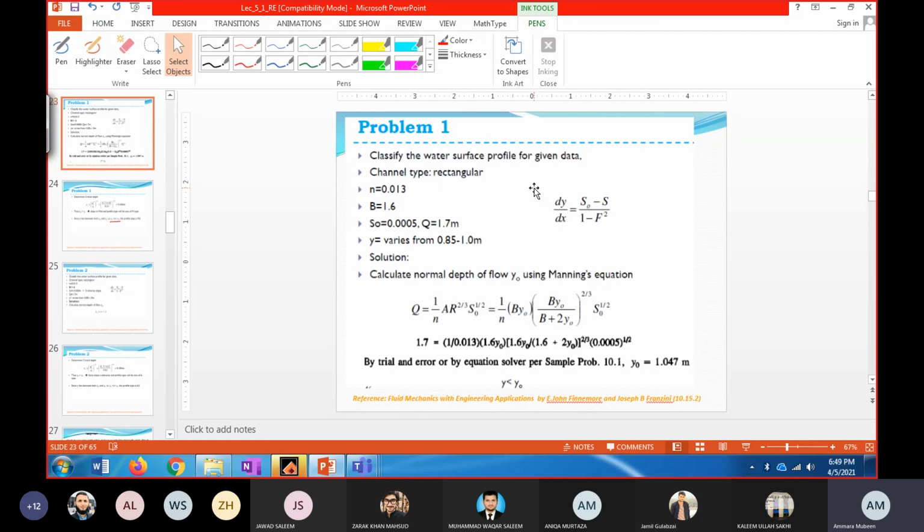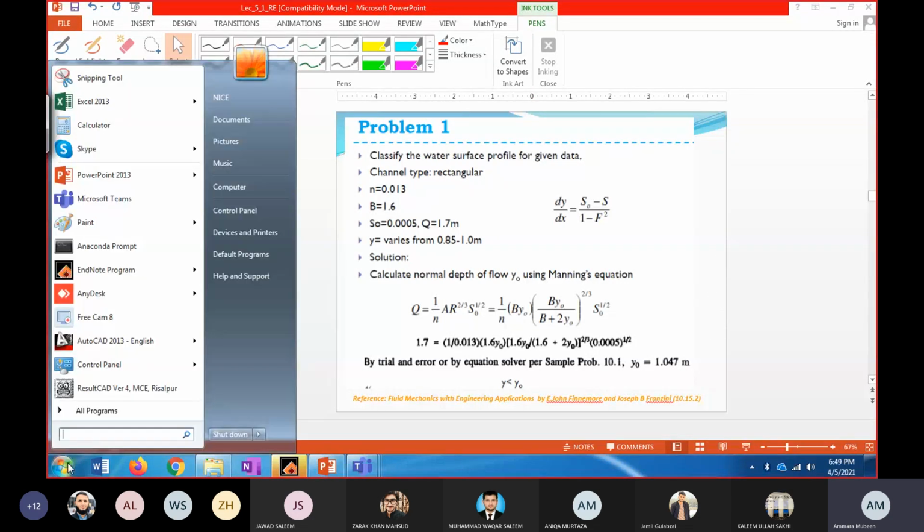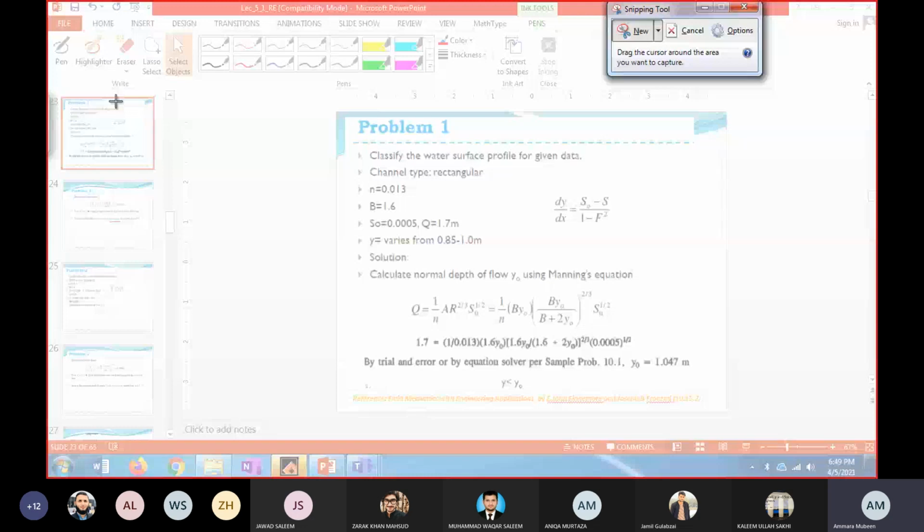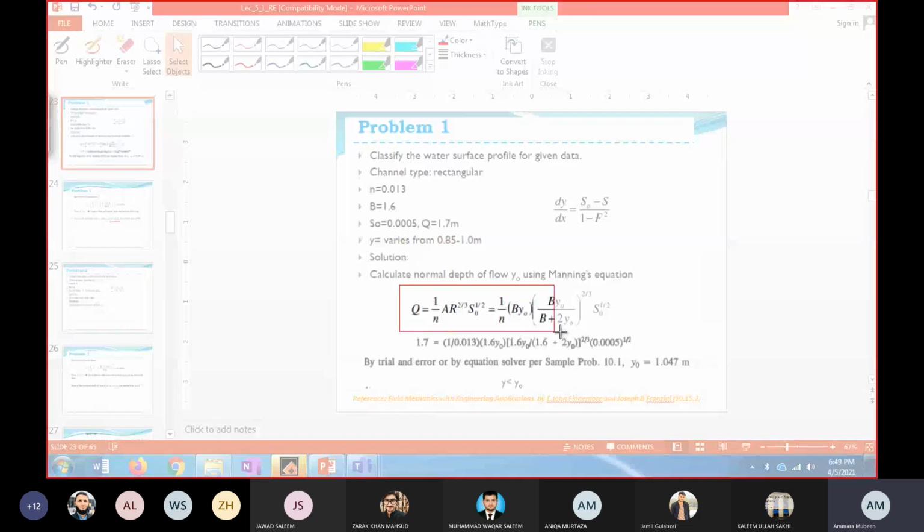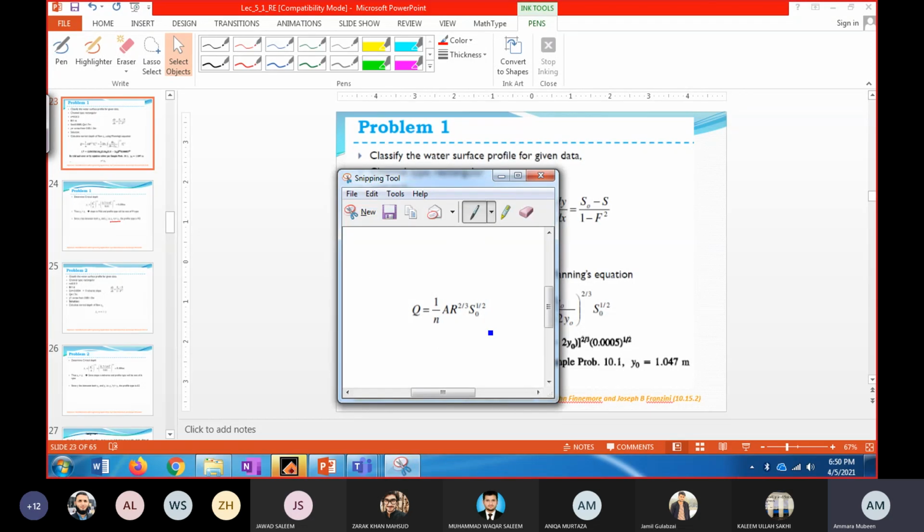Q is equal to 1 over n A raised to power 2 by 3 S naught 1 by 2. Use this formula to get the uniform flow depth. You have to do all these questions right now. So that's why this would be your assignment, and you'll be submitting this assignment after your class.